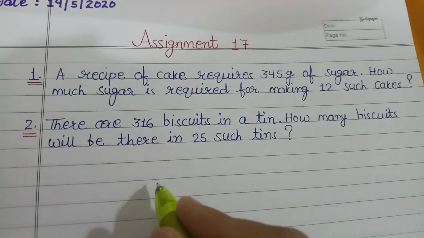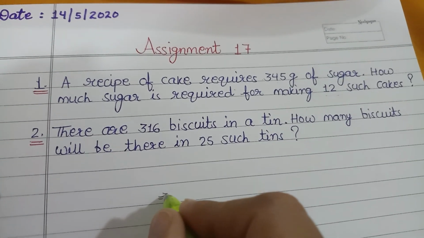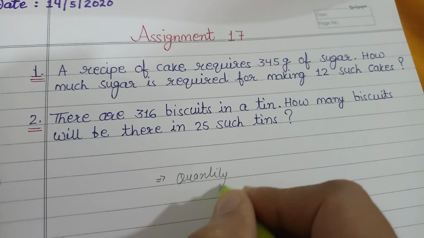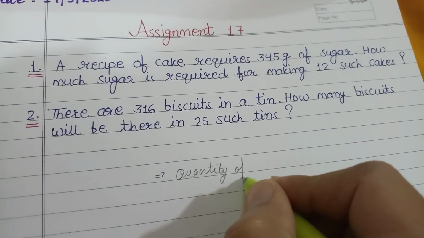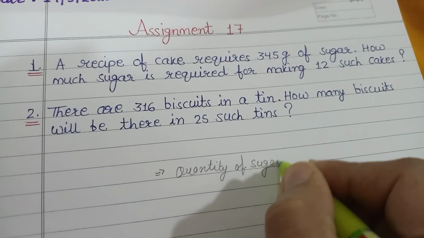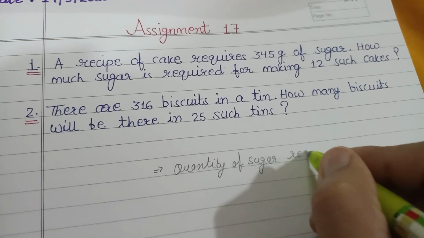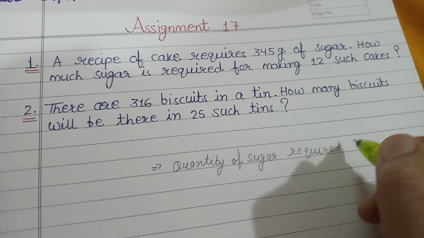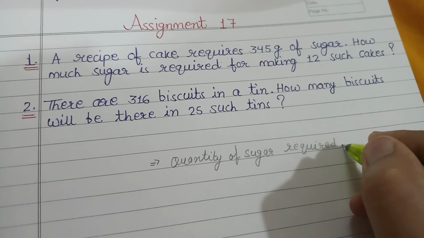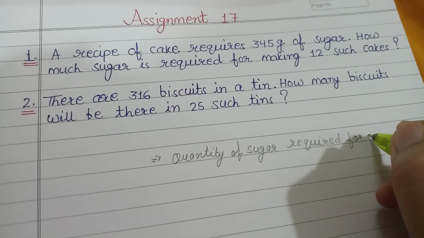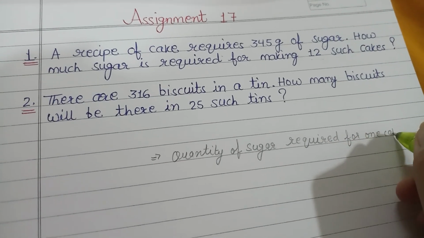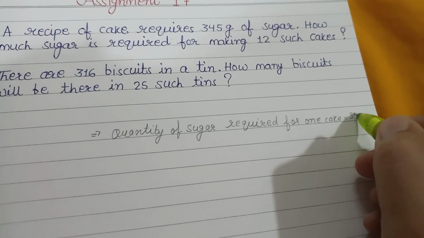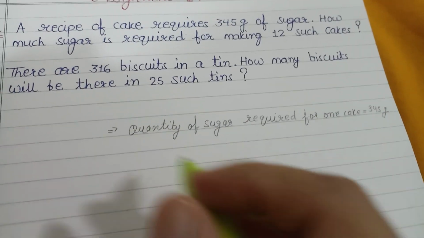Now how will we write the statement? You will write: quantity of sugar required for one cake. So the quantity of sugar required for one cake is 345 grams.